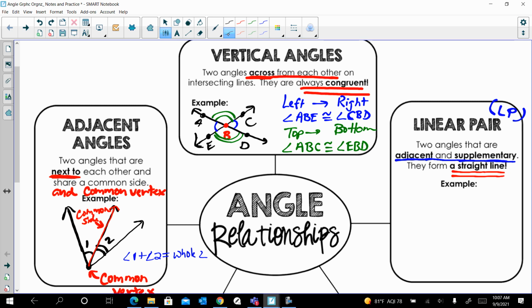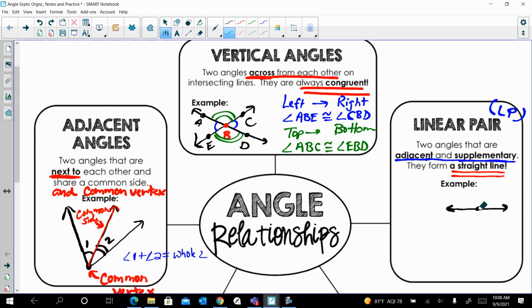One of the ways is we can start off with just a horizontal line. To make this a straight angle, we're going to add a point on the line. What's the degrees of this line or this angle? 180. So right now we know it has a degree of 180.